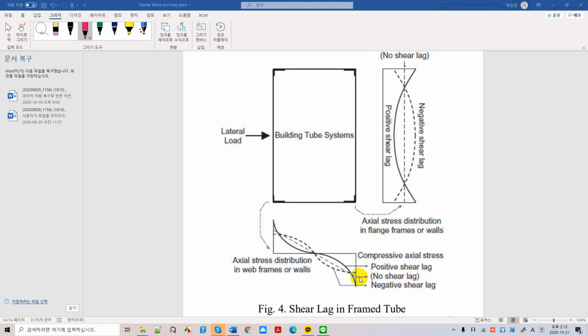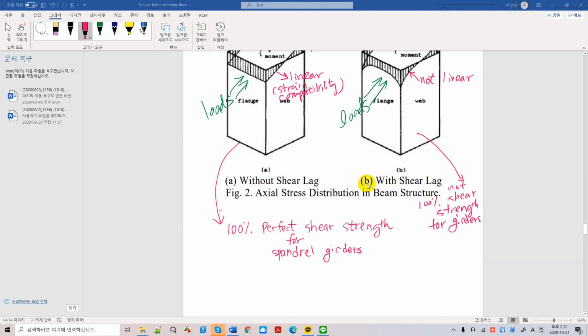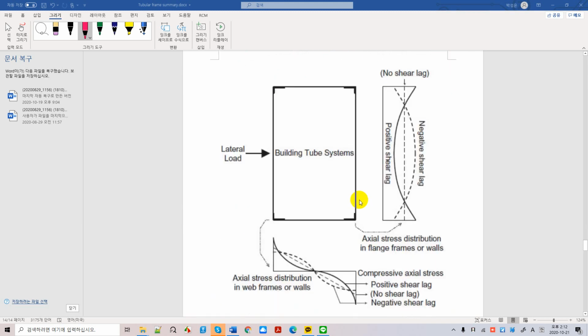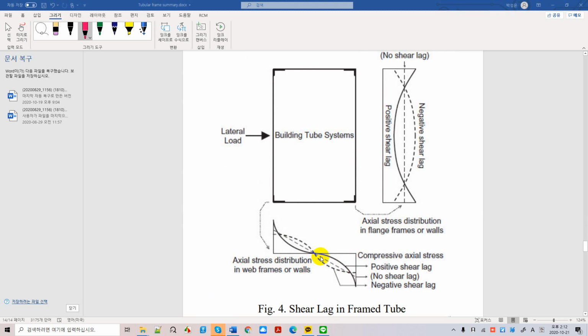If you don't have enough shear strength for girders, then you will have shear lag. This is called the shear lag phenomenon, as we learned. So here you have shear lag, and this is called positive shear lag, and this is called negative shear lag. But mostly we have positive shear lag when you don't have enough shear strength for girders.